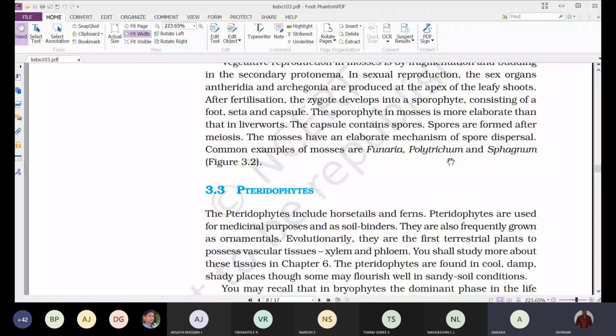And the next group of plants, okay, we have completed algae and bryophytes. Out of 5 groups, we have completed 2 groups. One is algae and the second one is bryophytes.